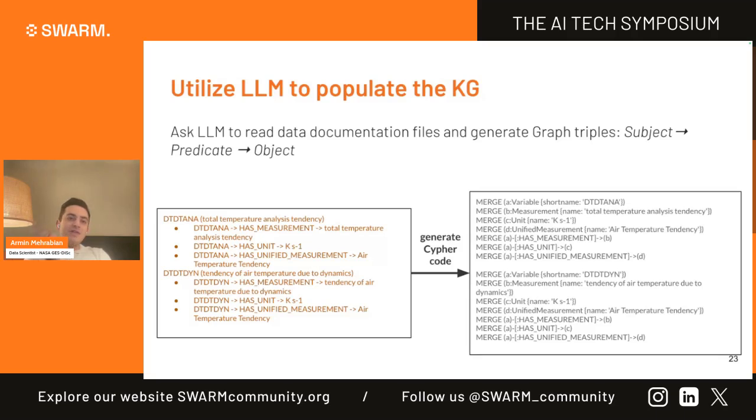The other thing that we do with language models and the graph is that, as I mentioned, we have this documentation that has a lot of information, these PDFs about the details of the variables that are in a data set, and they come in large PDF format with tons of tables.